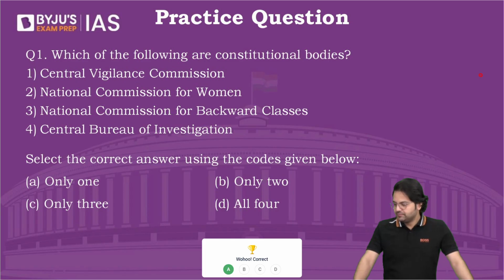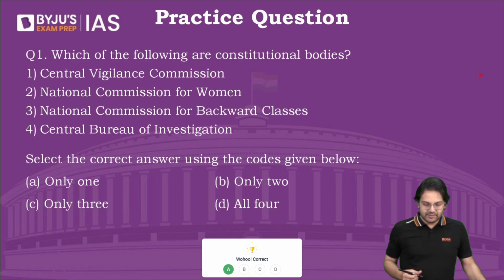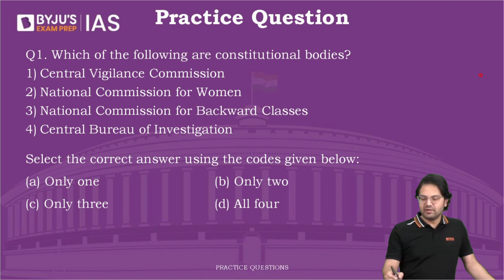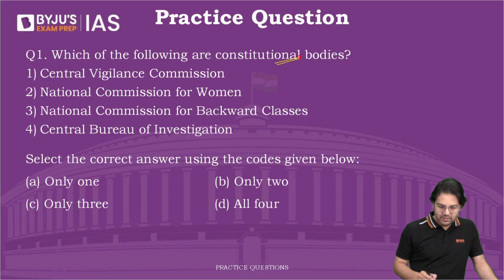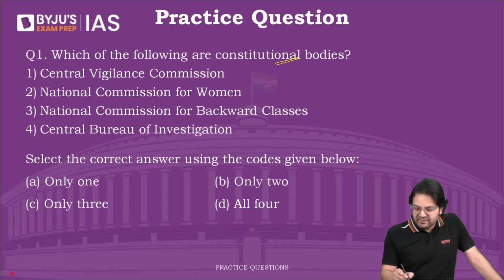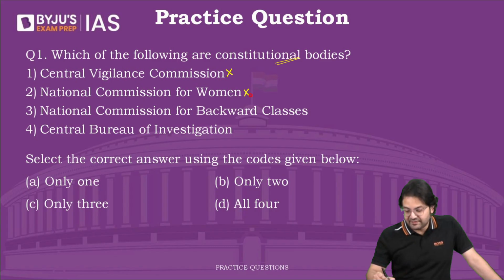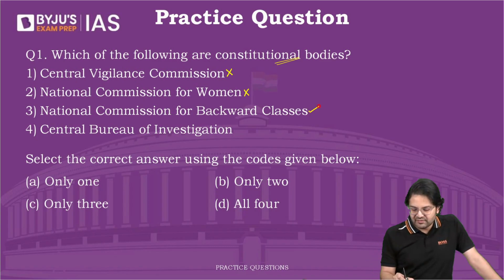Okay, a lot of you got this correct, right? So, which of the following are constitutional bodies? CVC. CVC is not a constitutional body, it's a statutory body. NCW is a statutory body. National Commission for Backward Classes, yes, it is a constitutional body. And CBI, of course, it is an executive body.